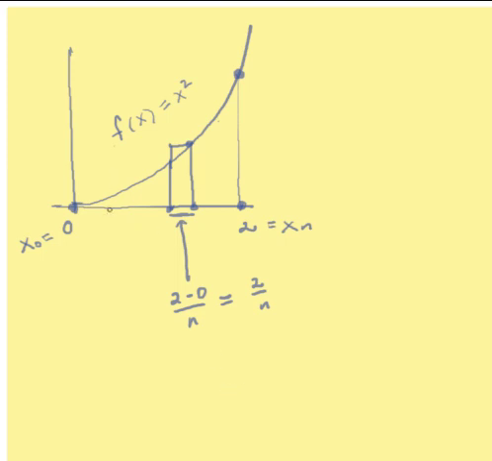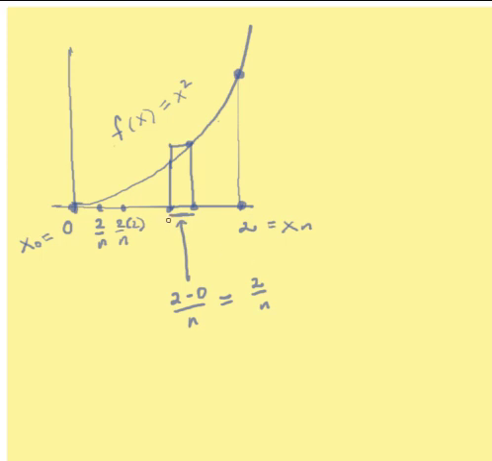Okay, so now let's look at the endpoints of the intervals themselves. So the first one is 0. The second one is 2 over n. We just keep on adding 2 over n to get to the next one. So the next one is 2 over n times 2. In other words, 2 over n plus 2 over n.